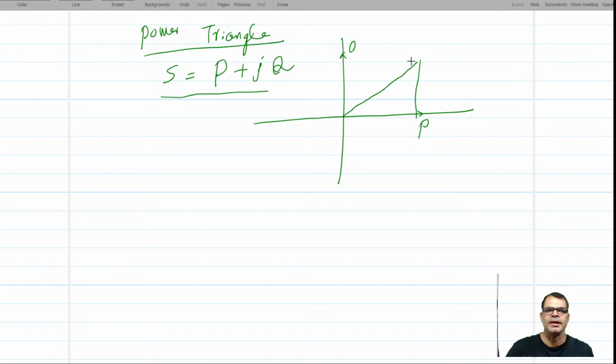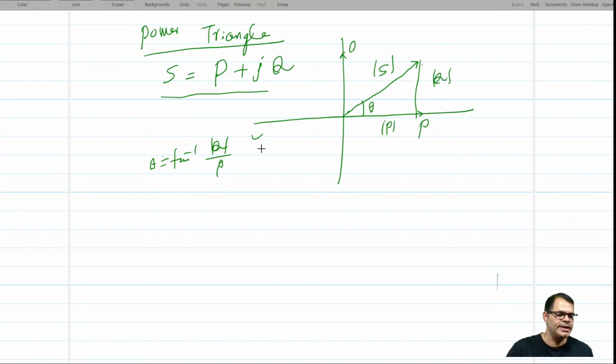This is called the power triangle, and this vector is your S. In terms of length, this is your P magnitude, this is your Q magnitude, and this is your S magnitude. This theta is tan inverse of Q upon P, or you can say cos theta is the power factor. Theta is the phase angle between the voltage and current, and S is the complex power.